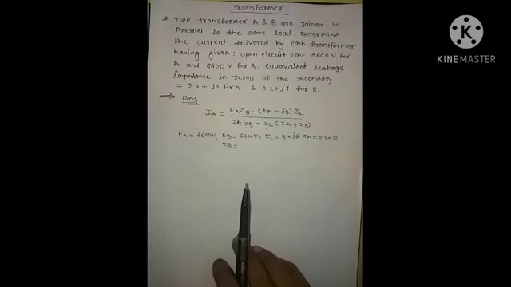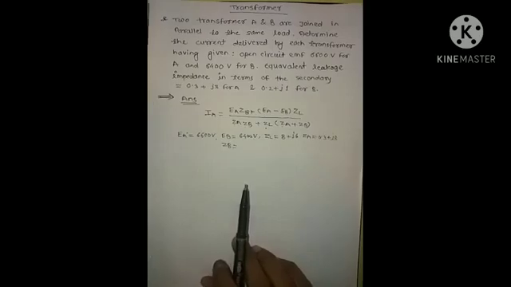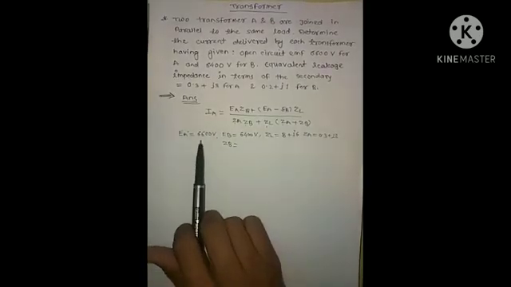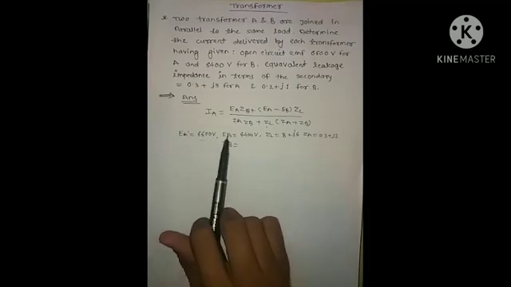We have EA, the open circuit EMF for transformer A, equal to 6600 volt, and EB for transformer B equal to 6400 volt.